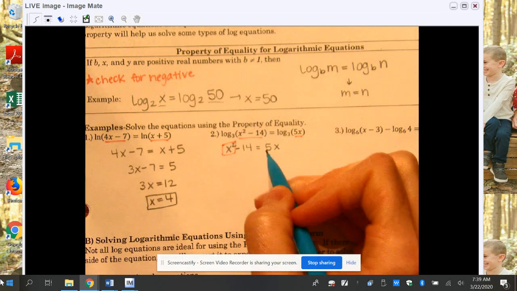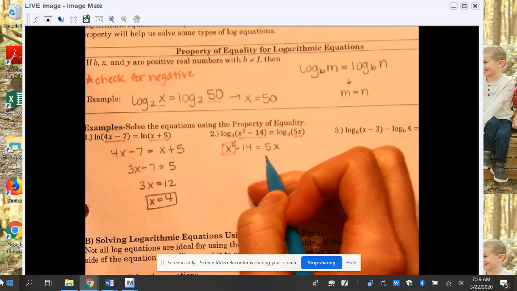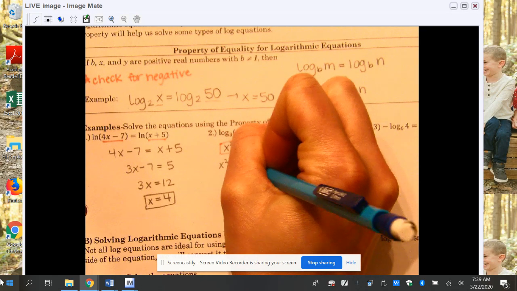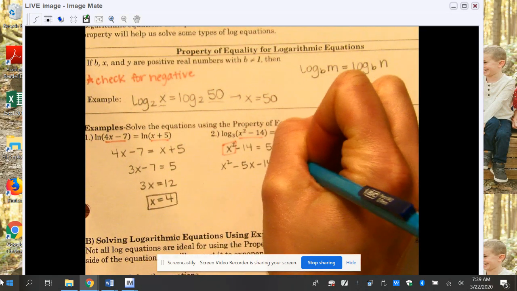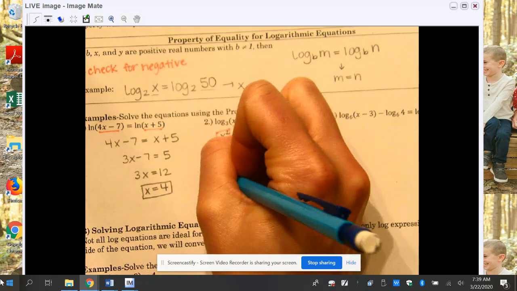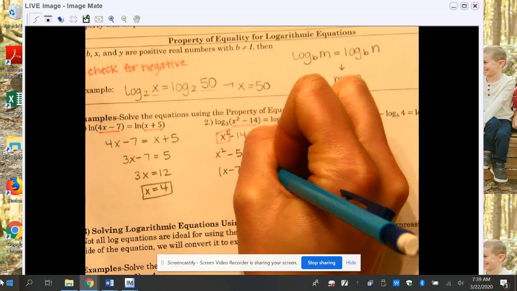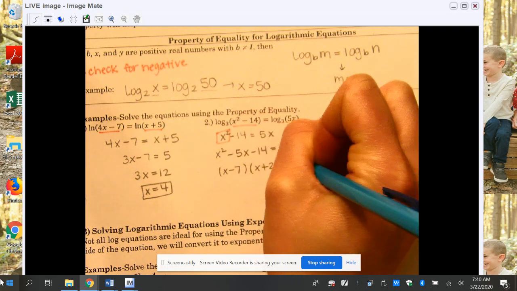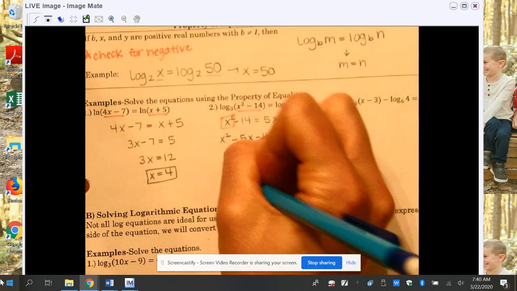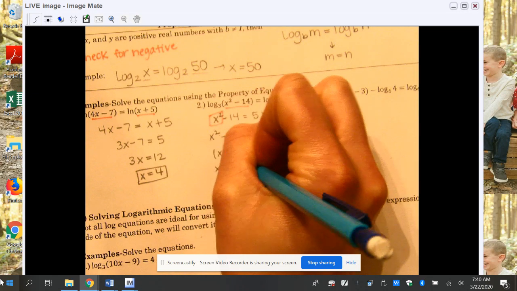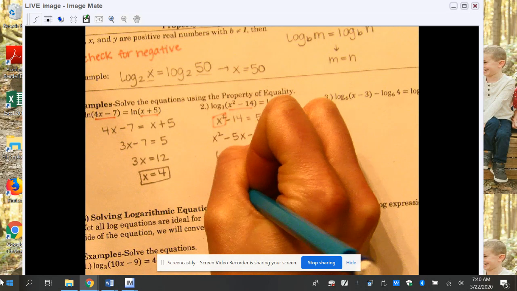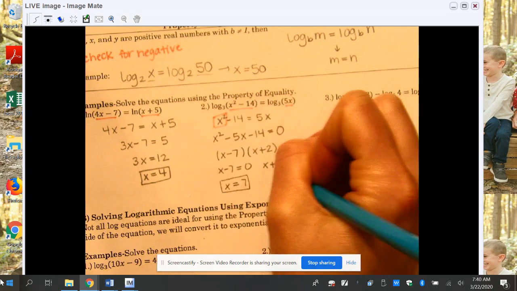So I'm going to start by setting my equation equal to 0, moving that 5x over here. So x squared minus 5x minus 14 equals 0. That's going to break down to x minus 7 and x plus 2. I'm looking for two values that multiply to negative 14 and add to negative 5. After I set each factor equal to 0, I get x to be 7 or negative 2.